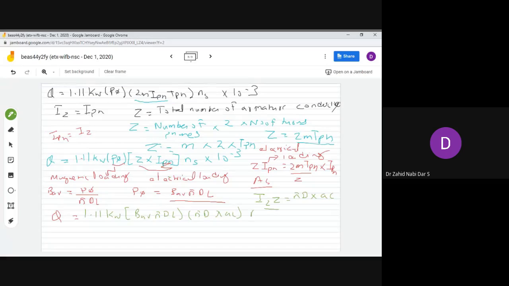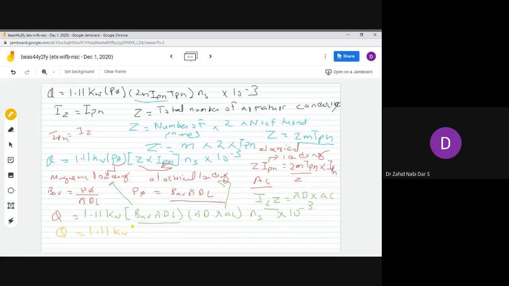Here you have ns into 10 power minus 3. Now you resubstitute. This is basically the magnetic loading here, and this is the electrical loading over here. These two terms, magnetic loading and electrical loading, you are substituting back. So you will arrive at the final equation: Q would be equal to 1.11 kW.